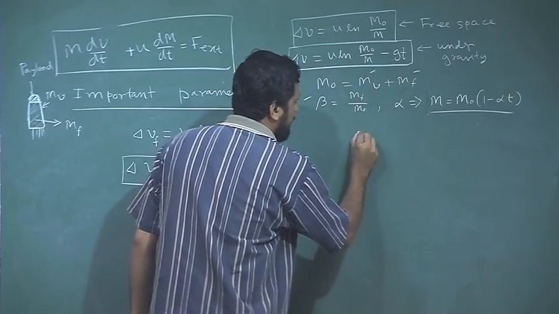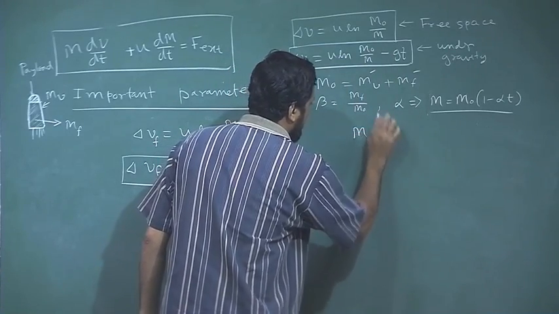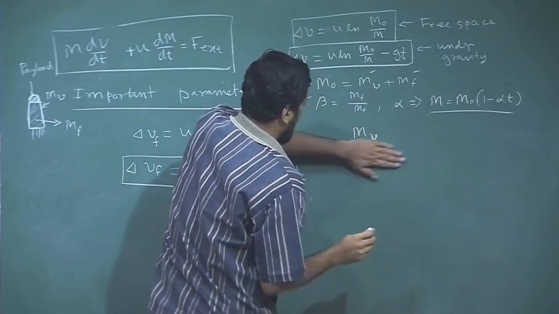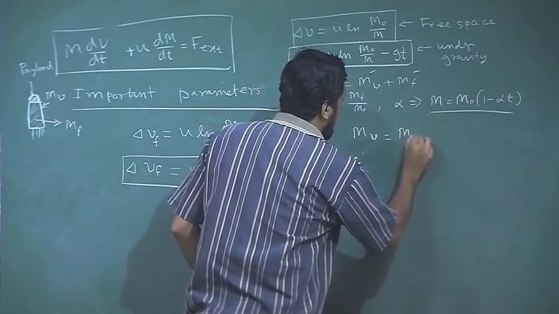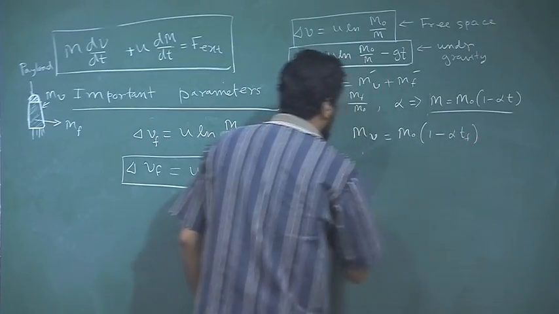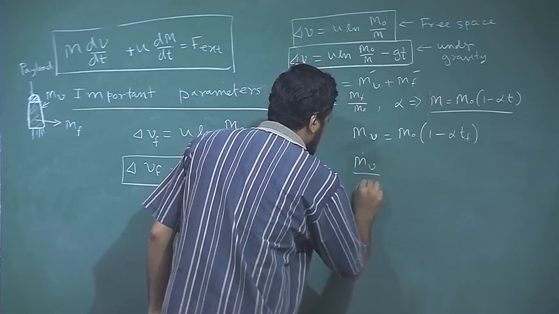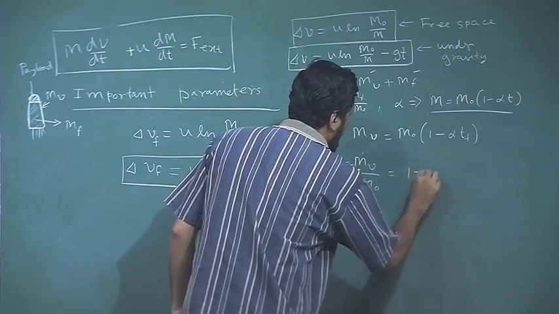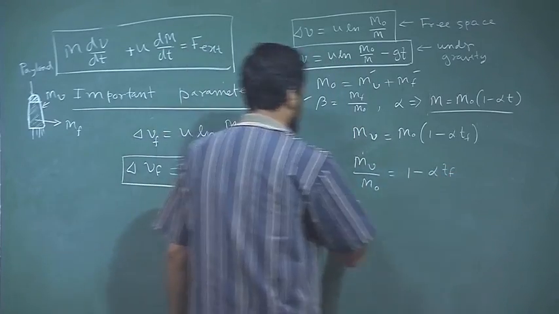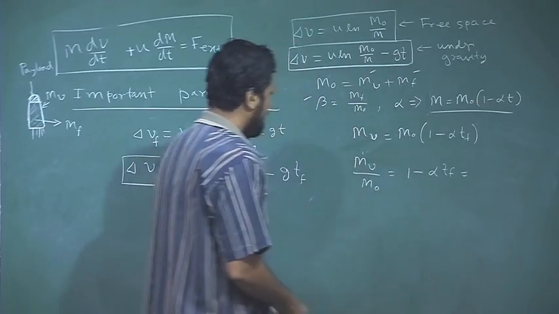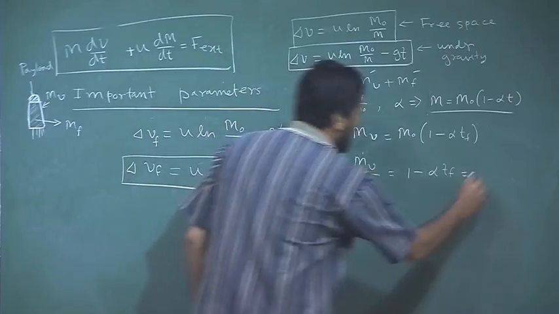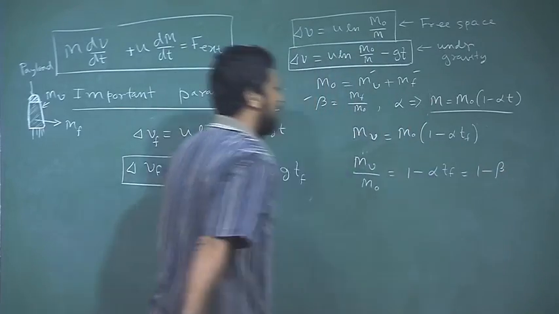So we have mv by m0 equal to 1 minus alpha Tf, which, if you recall, is simply 1 minus beta.